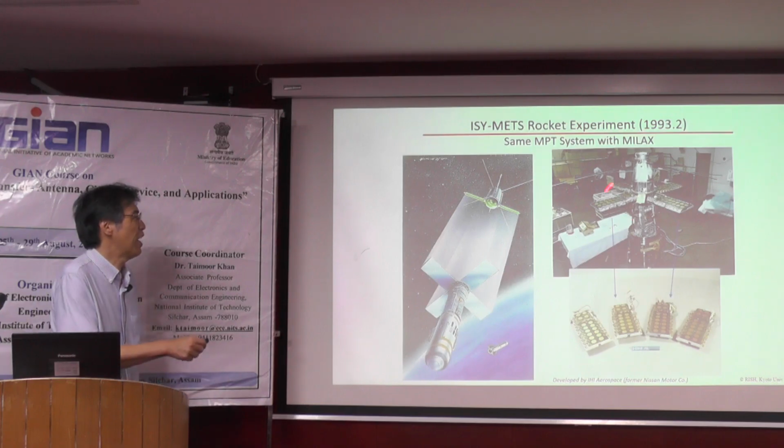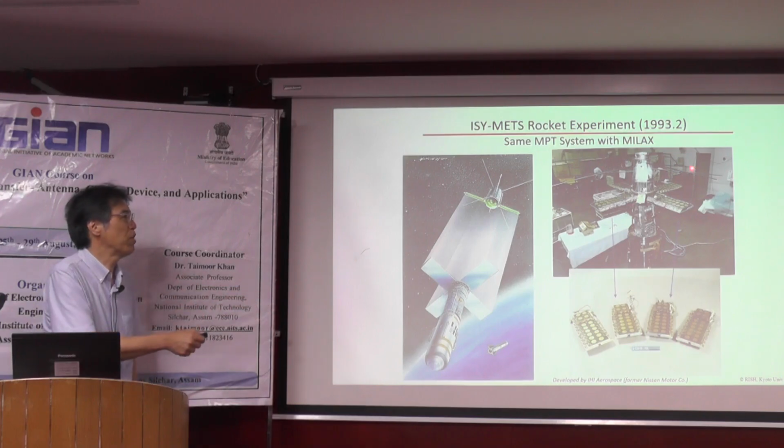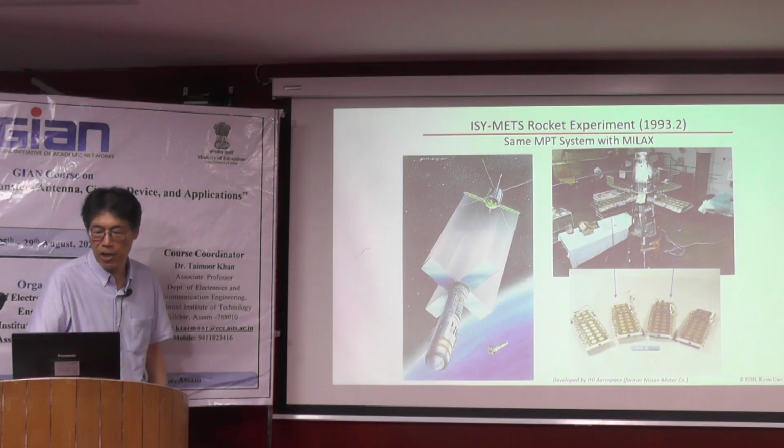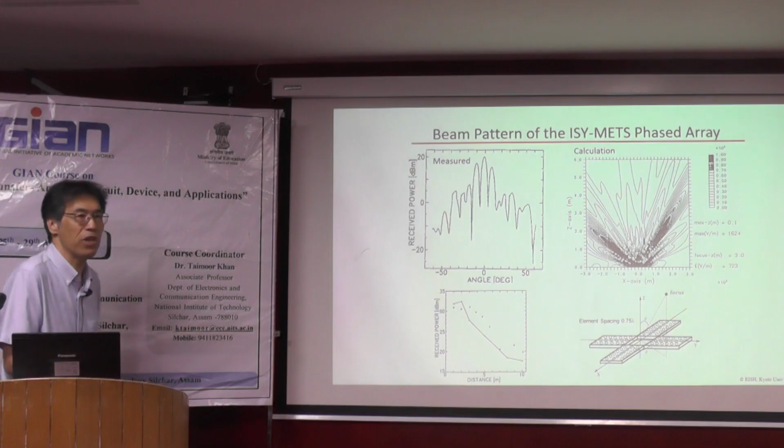Yesterday I showed you the same, and each antenna transmits a controlled microwave, and we control the beam direction in space. And this is a measured beam form and calculated beam form from this strange shape of the antenna.